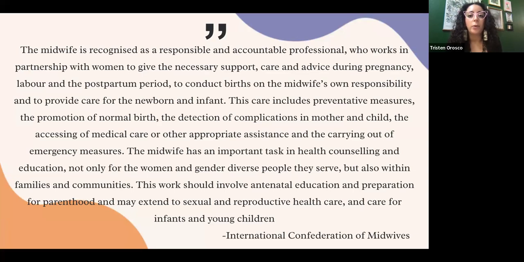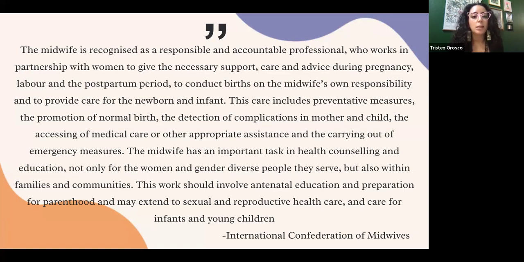This care includes preventative measures, the promotion of normal birth, the detection of complications in mother and child, the accessing of medical care or other appropriate assistance, and the carrying out of emergency measures.